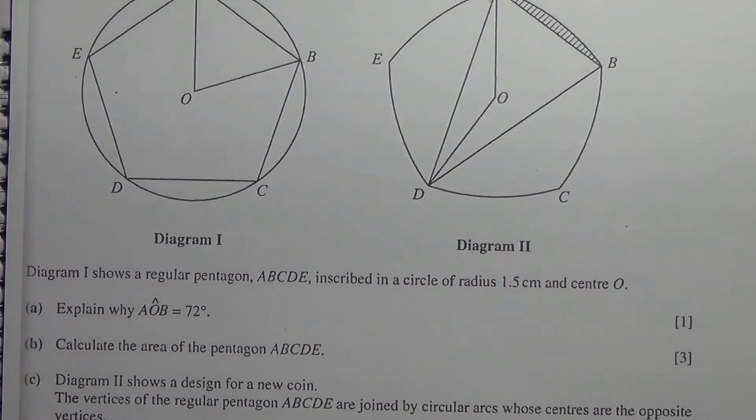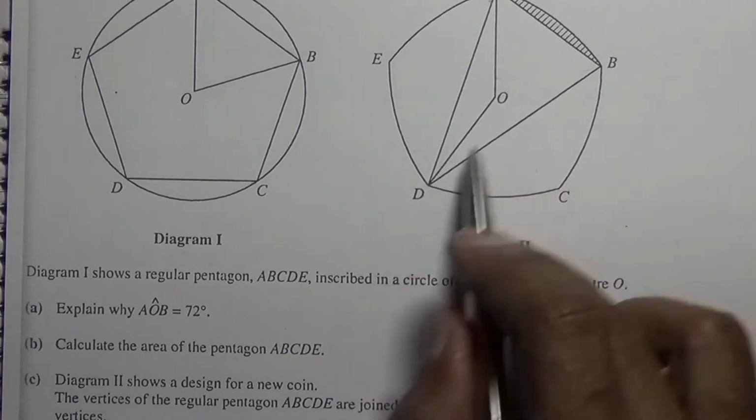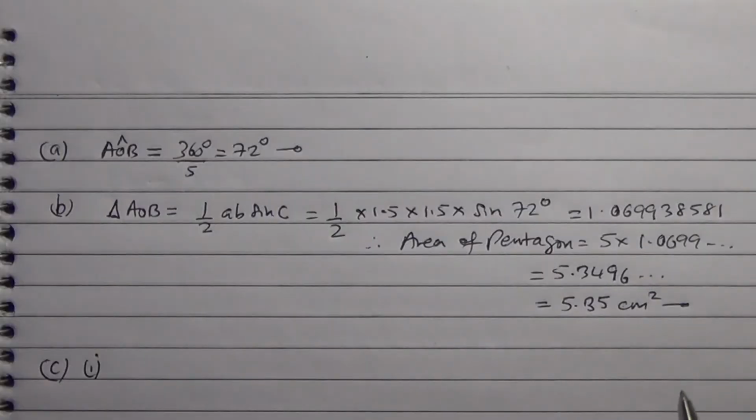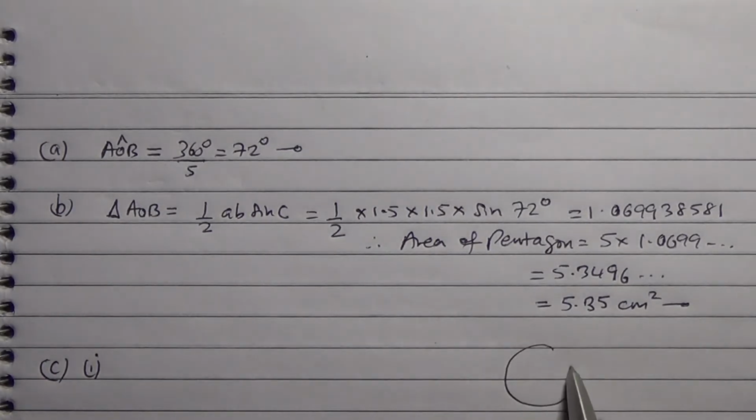And then we need to explain why ADB is 36 degrees. Now let me just remind you, if you've got a circle, you should know that the angle at center is twice the angle at the circumference. We did find that this angle was 72 degrees in the beginning.